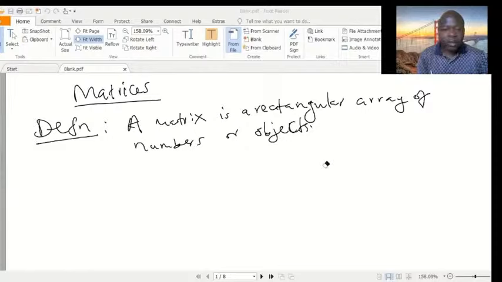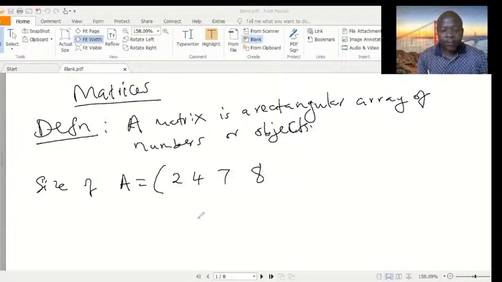Now what is the size of this matrix A, which is 2, 4, 7, 8? In other words, how many rows are here and how many columns? I can see 1 row, and the columns I can see 1, 2, 3, 4. I can see 4 columns. So the size of this matrix is 1 by 4.